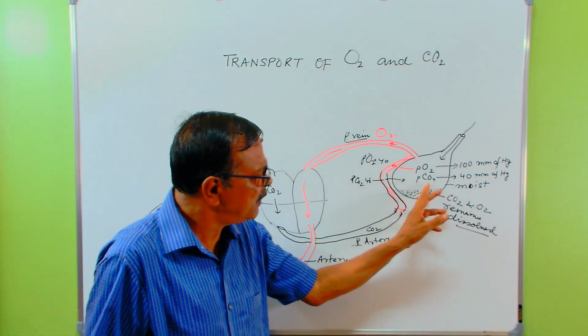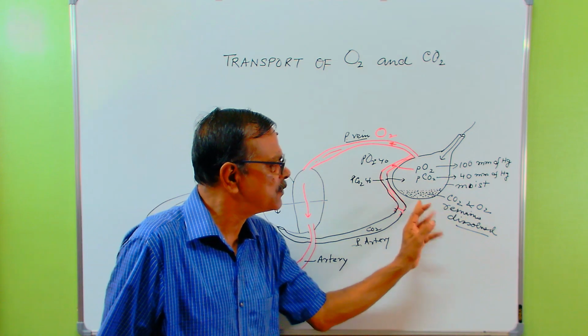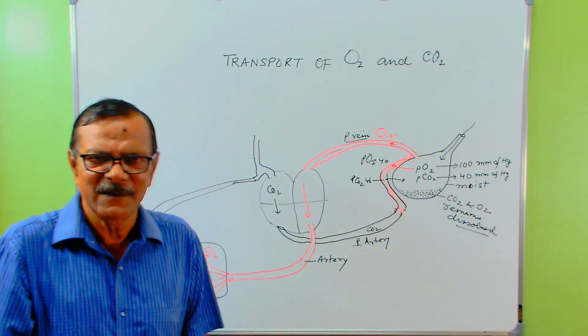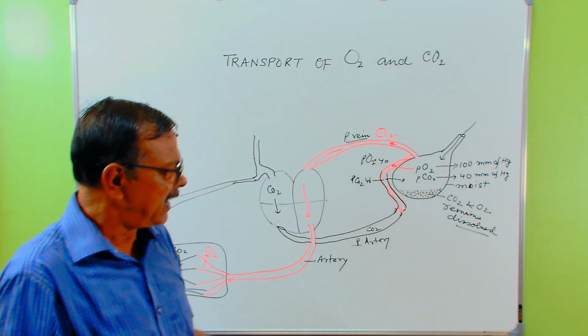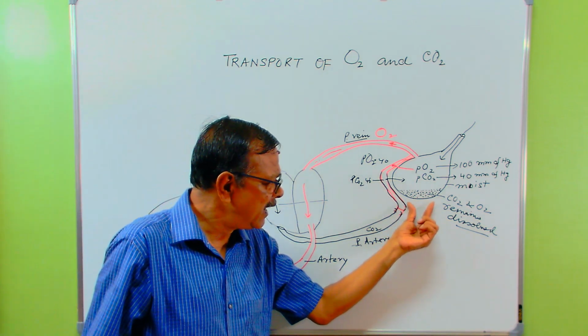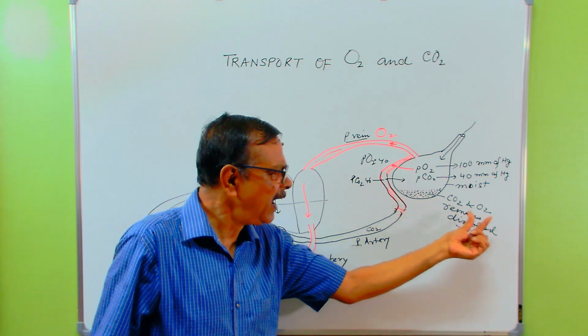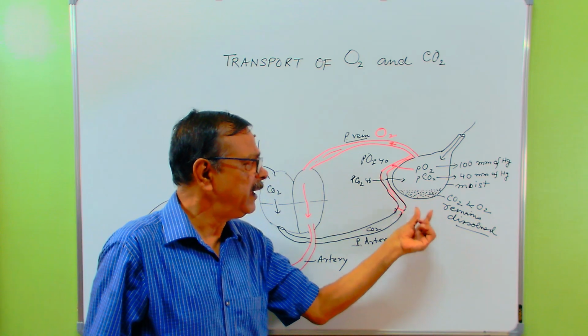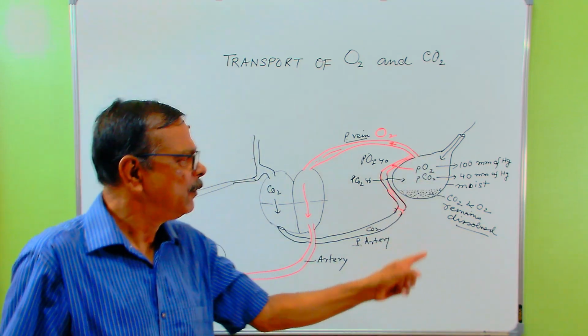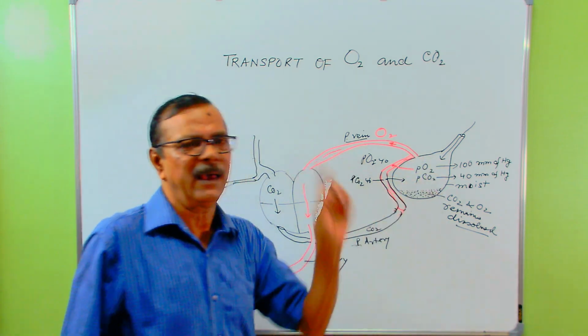Here PCO2 is 40, here PCO2 is what? It gets mixed. So the first point we should know is that the CO2 and O2 partial pressure will be in equilibrium with that of the alveolar air.